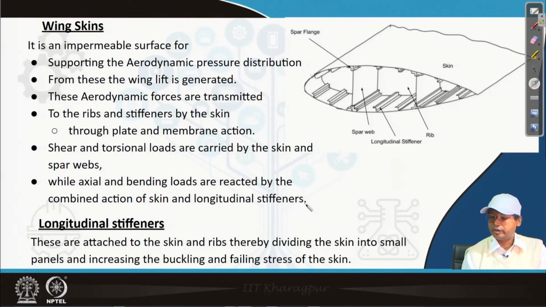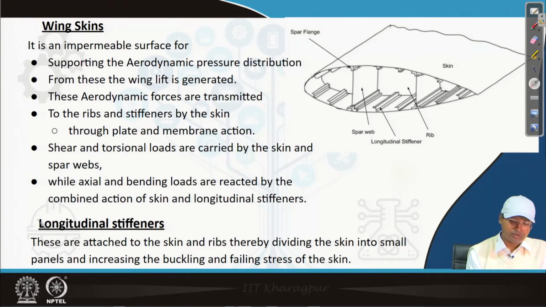Longitudinal stiffeners, this is what the longitudinal stiffener is. These are attached to the skin and ribs, thereby dividing the skin into small panels and increasing the buckling and failing stress of the skin.